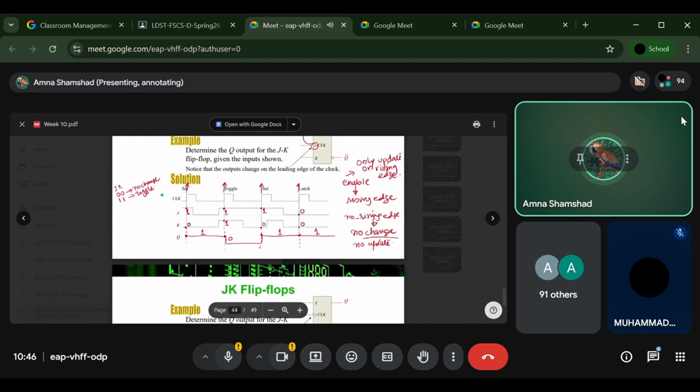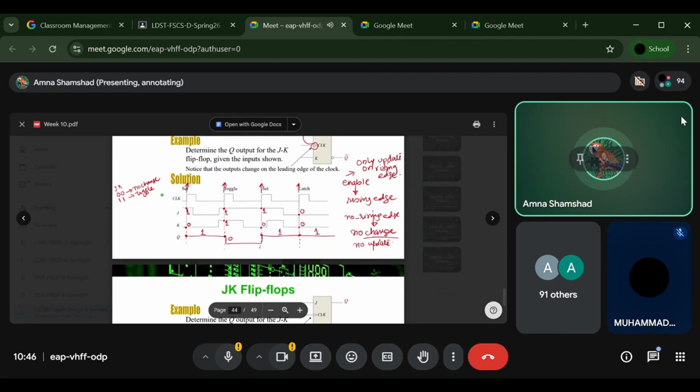Class, what will be the output for J K equals 1 0, means I want to set my output. Then it means that on the rising edge of clock, my output will be 1. Is this clear? When I apply 1 0 on J K and the rising edge of clock comes, then I have the output 1.